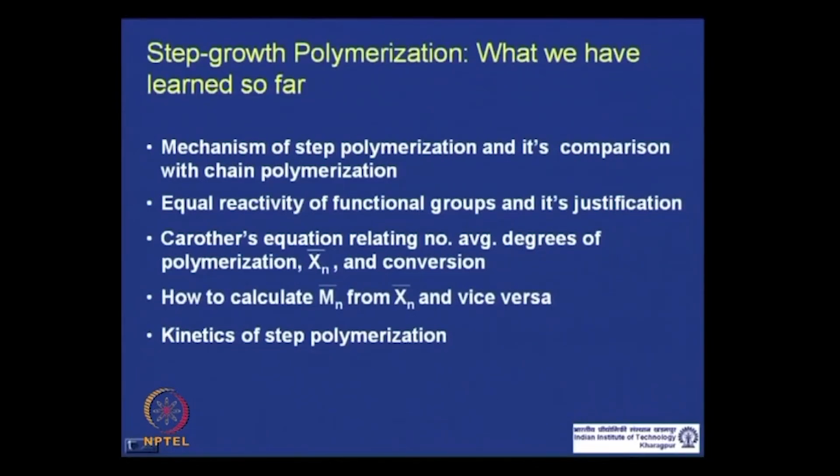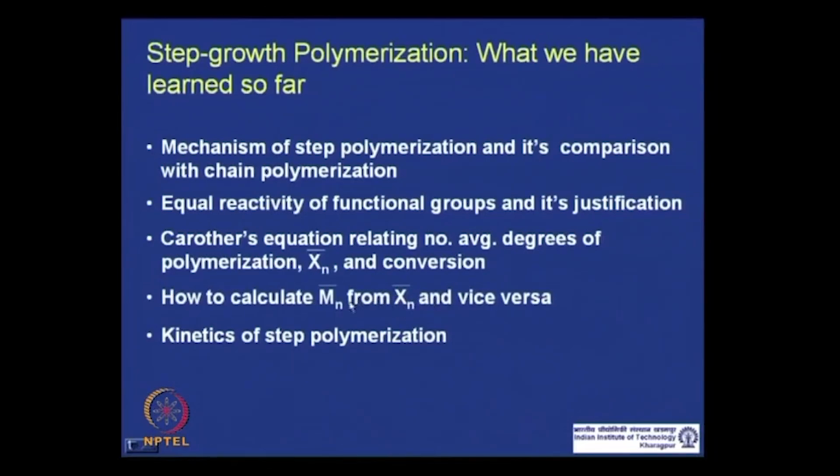We also learned the Carothers equation relating the average degree of polymerization and the conversion P, and at the same time learned how to get the number average molecular weight from the average degree of polymerization.